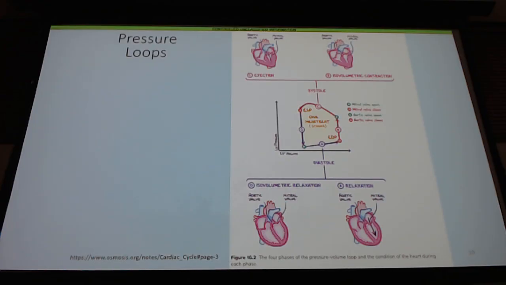And if you remember from our first block, we showed this pressure loop. In a normal heart, systole starts with the closure of the mitral valve, and then you get that squeeze of the ventricle.